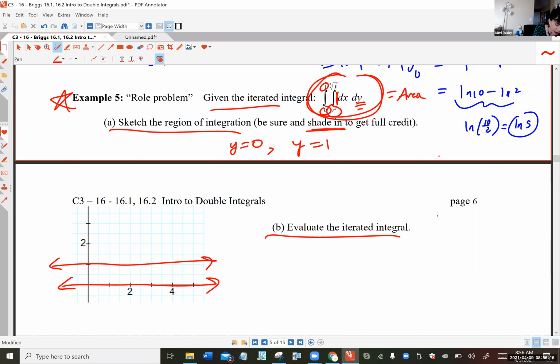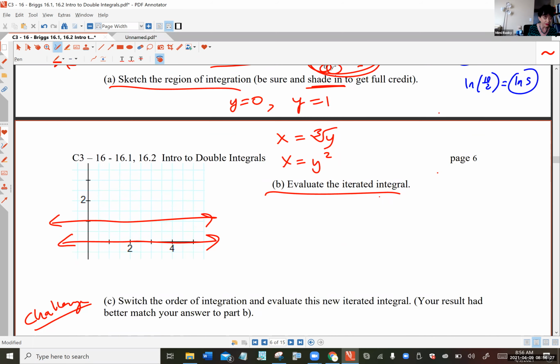The innermost integral's limits, you write the equations for those down. Since the variable of integration is x, you have x equals cube root of y and x equals y squared. Now, x equals y squared, I think we all kind of know just off the top of our head, or at least we should. At any rate, it's a horizontal parabola. X equals cube root of y, I don't know, your graphing calculator only lets you graph functions of x now, or you could parameterize this and graph the parametric equations.